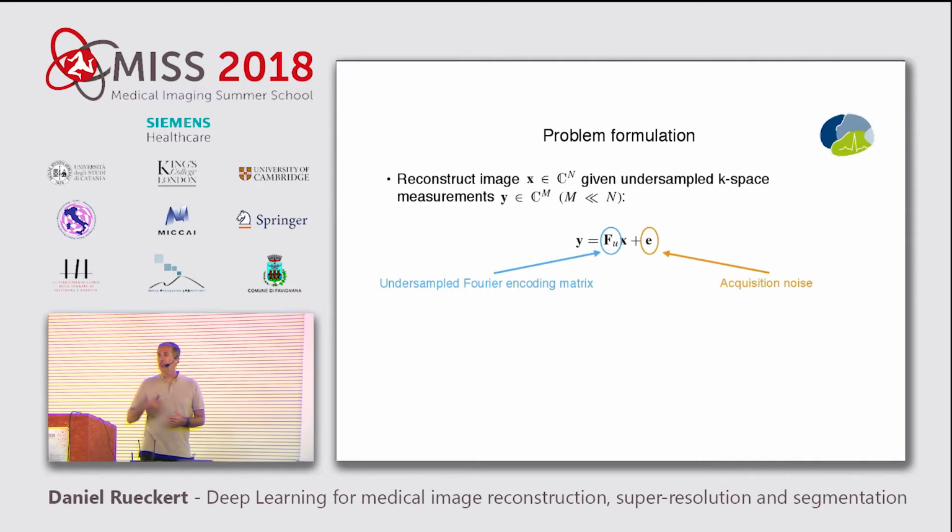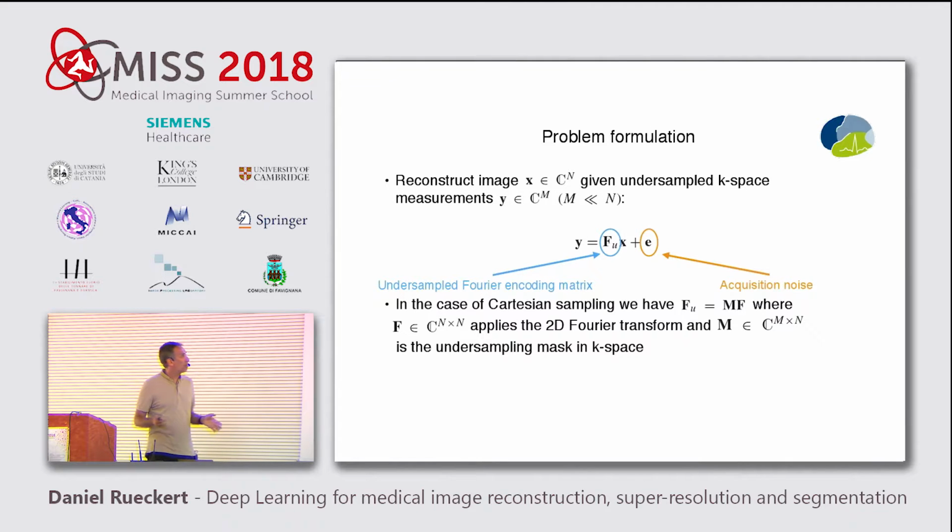So even though we operate in the image domain, remember that if you take complex numbers in K-space to the image domain, you get a complex image as well. What we typically finally do is take the magnitude or absolute value, but we're actually going to keep the complex measurements. We're going to assume that, again, FU is our undersampling Fourier encoding matrix.